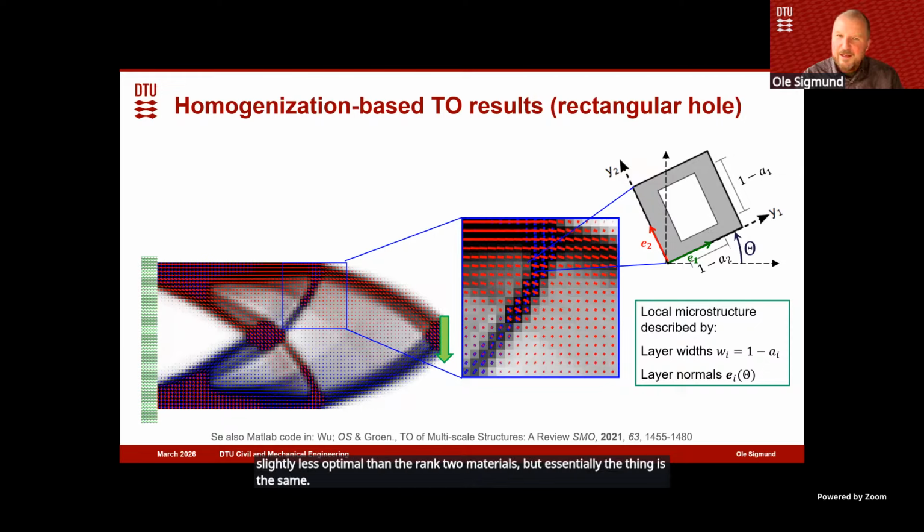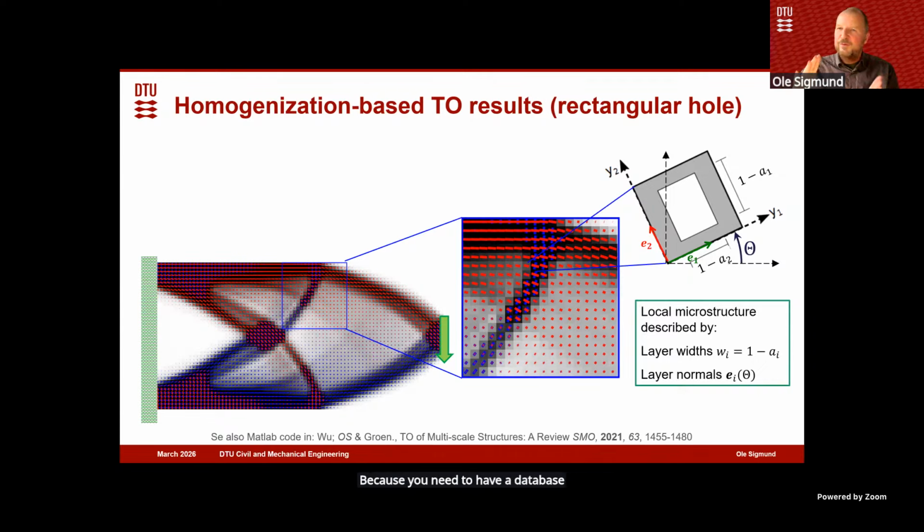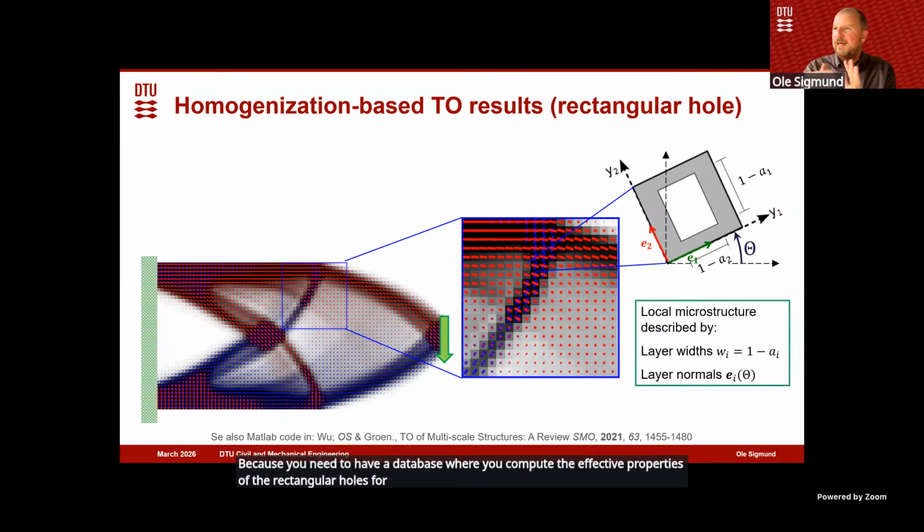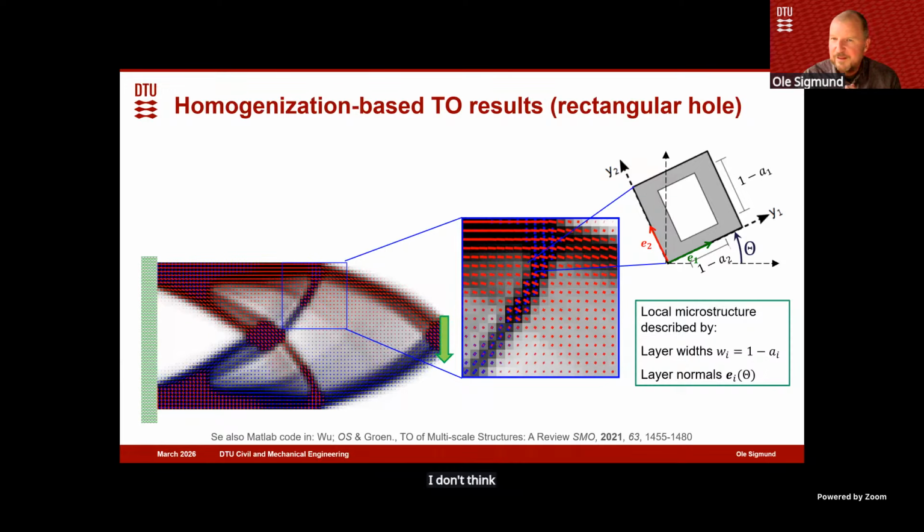It cannot be put in as nice a compact MATLAB code as the one for rank 2 materials, because you need to have a database where you compute the effective properties of the rectangular holes for different parameters, and then you interpolate from that. But that's still a doable thing. It's not a big thing. I don't think there is a MATLAB code available for it, but it should be fairly simple to do. So anyway, we know how to do homogenization, and it can be done quite compactly.